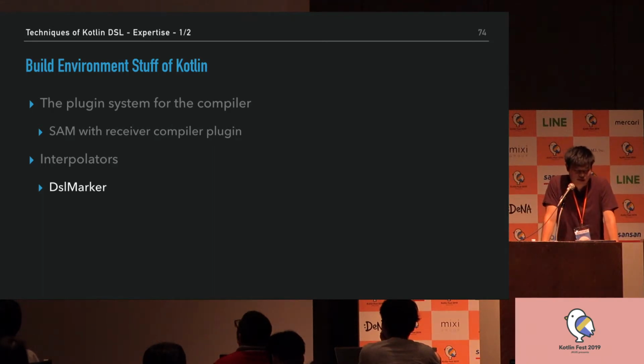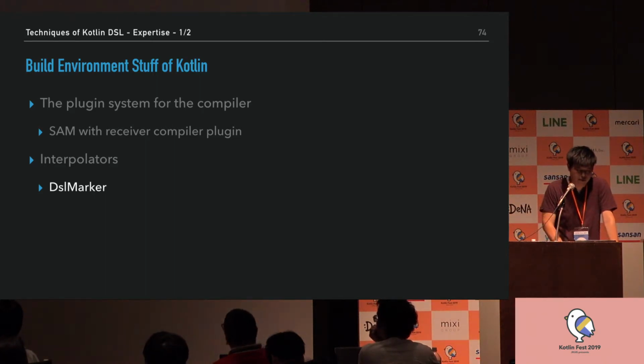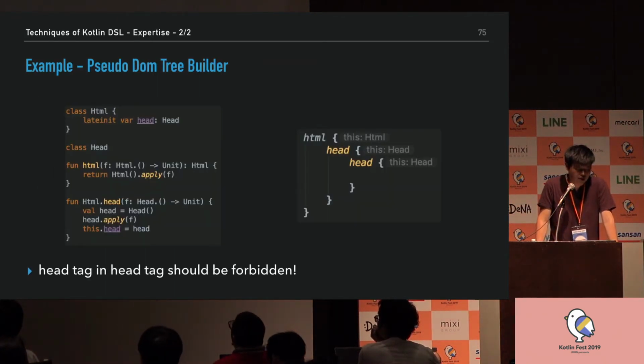The last technique is DSL marker. Let's create an example of a Kotlin DSL for HTML DOM based on a type-safe builder to see how DSL marker works.